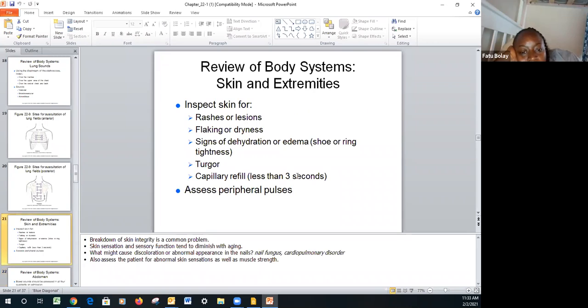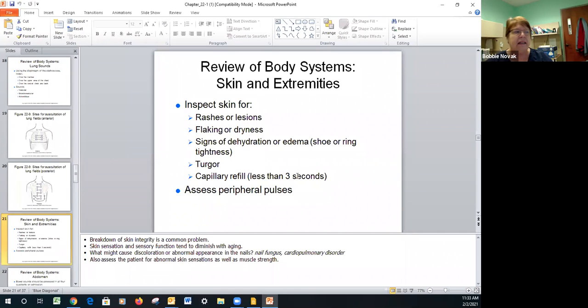And then we're going to look at the skin and the extremities. Okay. We're going to inspect the skin for rashes and lesions and dry skin and signs of dehydration or edema. So when you're checking for dehydration, if you pinch at your collarbone, okay, and then let it go, it should snap back. Your skin should snap back. If the skin remains tented, that means we have dehydration.